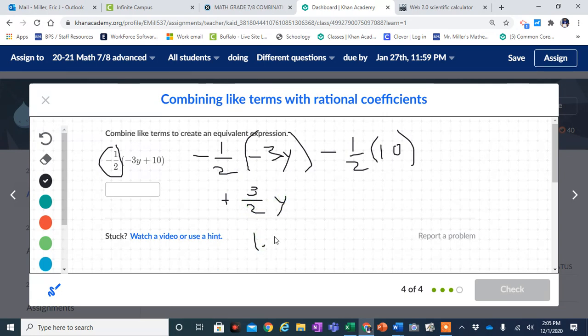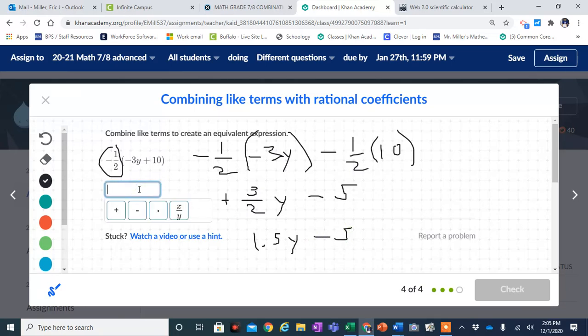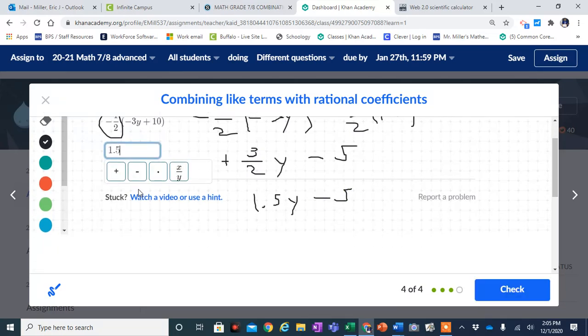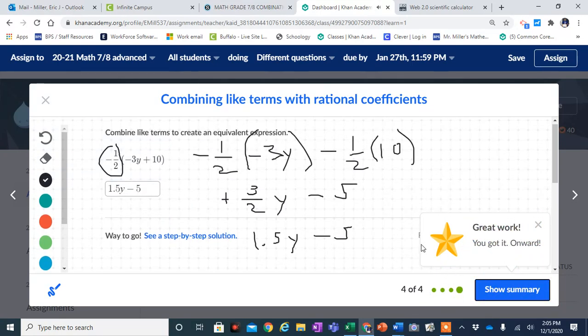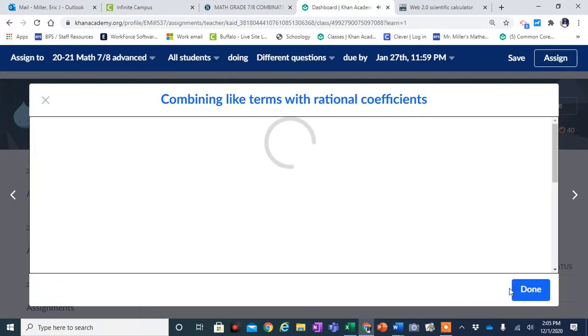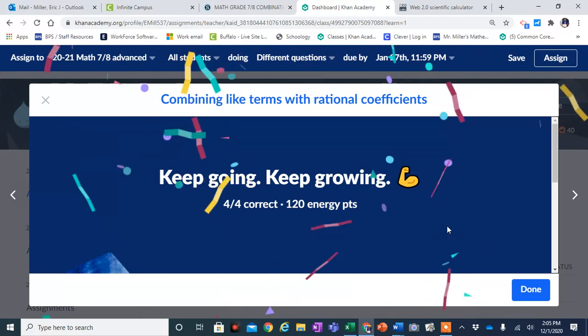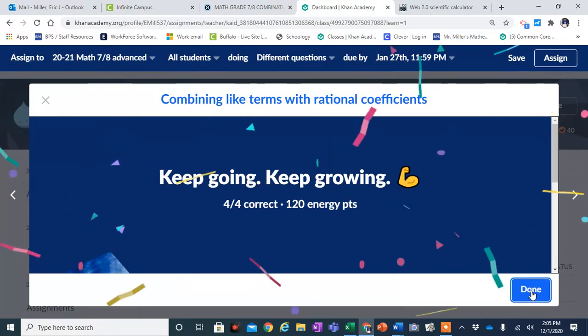That's the same as 1.5y, if you do 3 divided by 2. Minus half of 10 is 5. So that means this would be 1.5y minus 5. So that was 8 problems. Hopefully that helped you with combining like terms with rational coefficients.